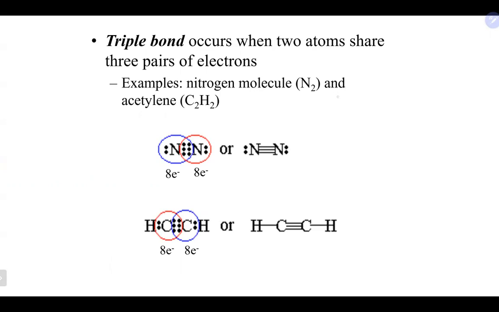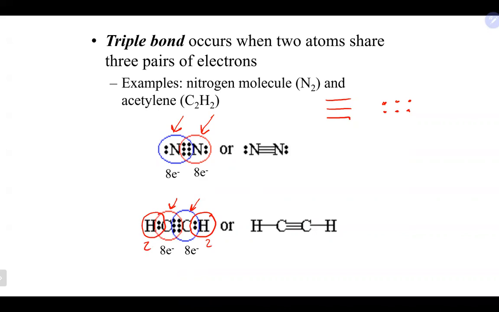A triple bond is represented by 3 lines, or 3 pairs of electrons, or 6 total electrons. And as we can see here, by this nitrogen triple bonding, it ends up with 8. And so does this one. On the bottom here, the carbon triple bonding ends up with 8 on both of those. And once again, our hydrogen, by bonding and sharing, gets itself to 2.